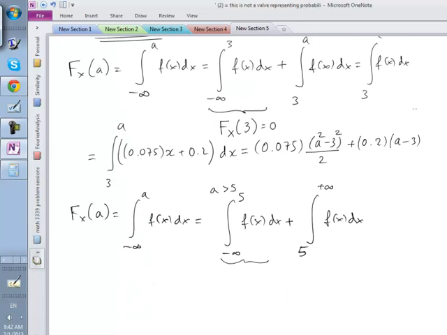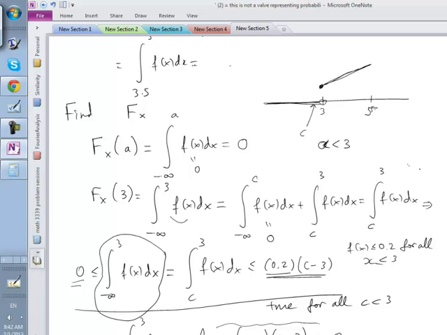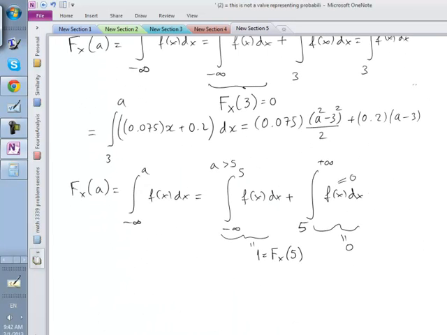Now if you see, this integral is equal to 1, because that's the value of the distribution function at 5. This integral is equal to 0 because f is equal to 0 when x is greater than 5. Therefore, this is equal to 1, which is the value of the distribution function at 5. Once the distribution function reaches the value 1, it stays there, it cannot go up.